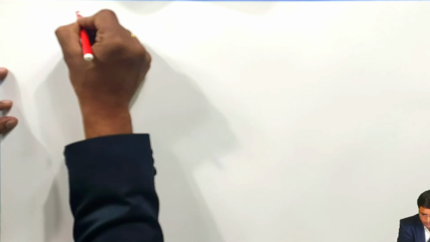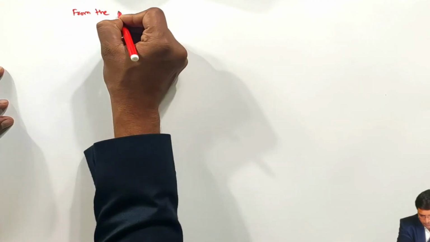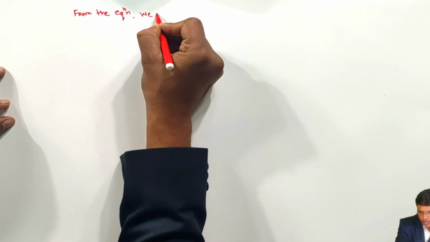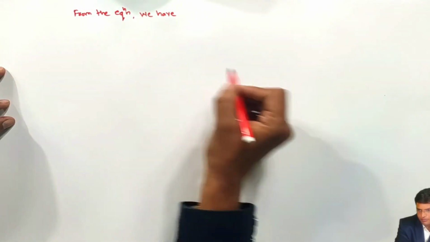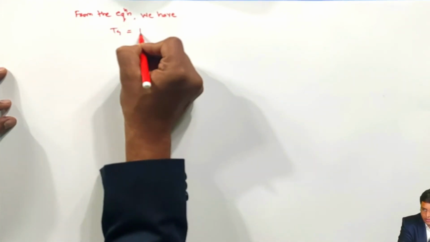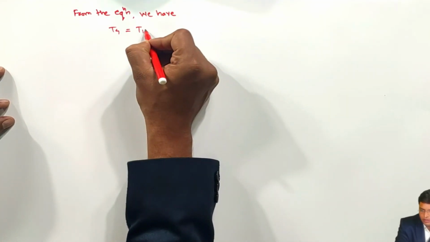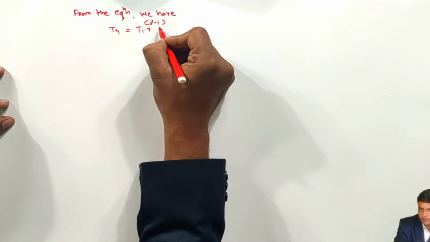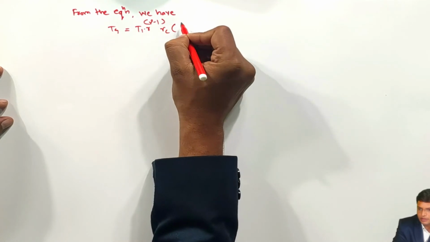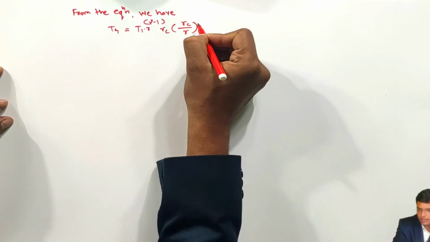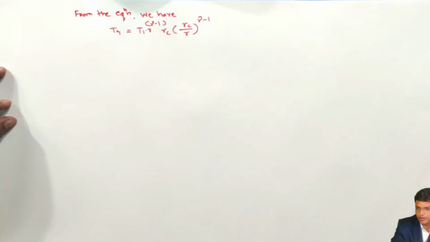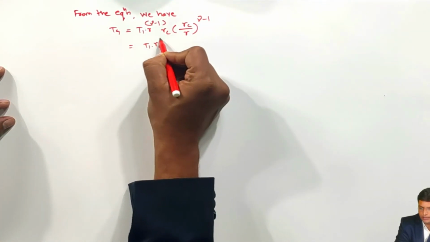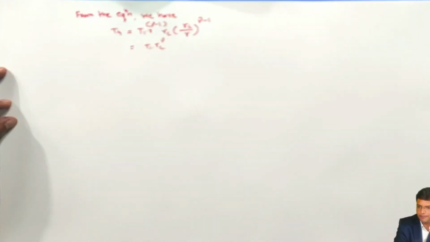Now from the equations, we have T4 equal to T1 into r raised to gamma minus 1 into rc in bracket rc upon r raised to gamma minus 1, which becomes T1 into rc raised to gamma.